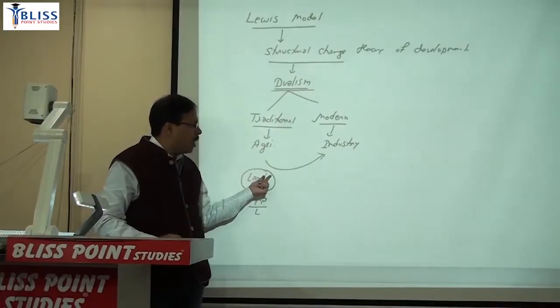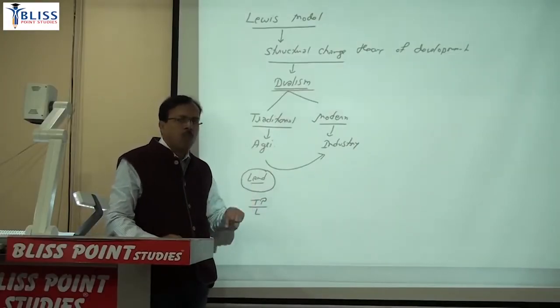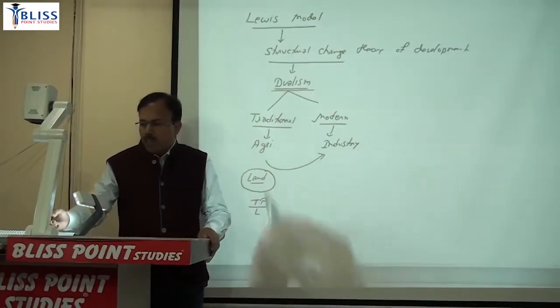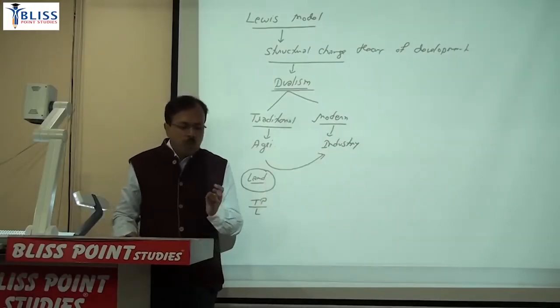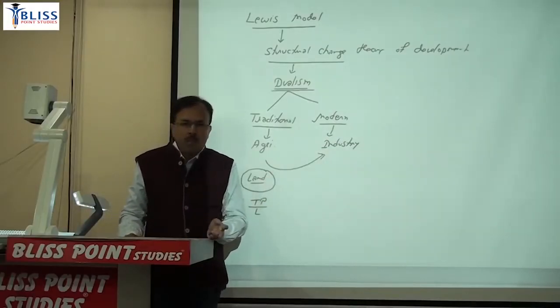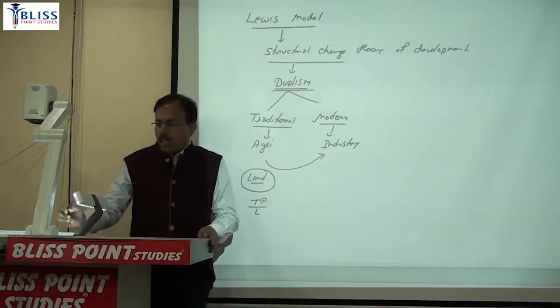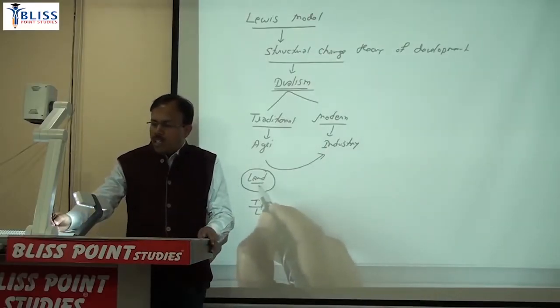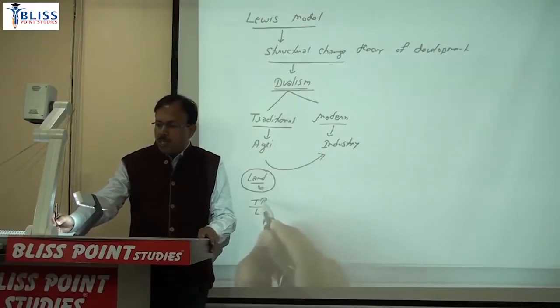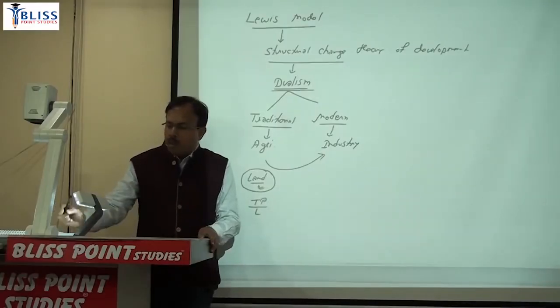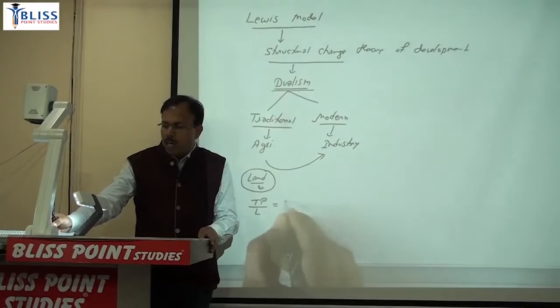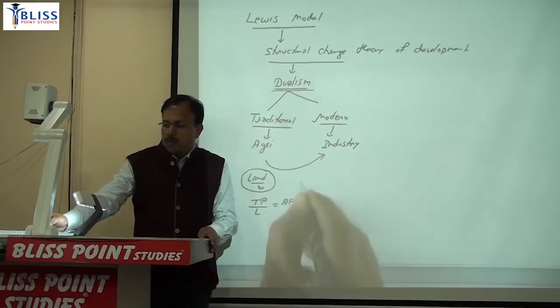That means each worker is paid according to the average productivity. It is traditional in form as it uses traditional technology and simple equipment, so productivity will be lower, and it is traditional in organization in the sense that the total product is distributed among family members. So wages are paid according to the average product.